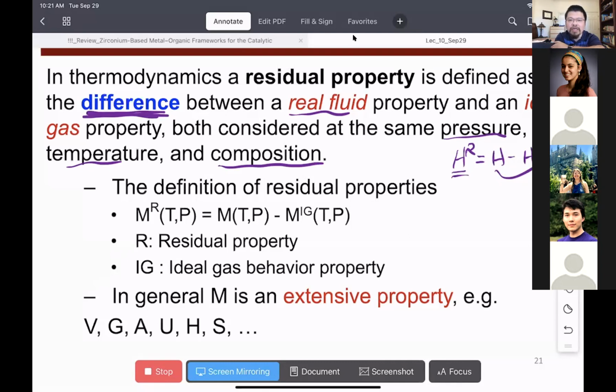So in order to quickly evaluate whether or not we can assume ideal gas behavior, we need to evaluate this residual property.